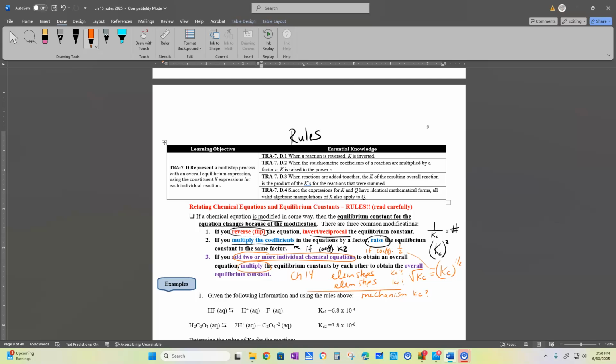Well, you multiply the Ks to get the overall equilibrium. So for this overall K value, you're going to take your Kc1 and times it by Kc2 and so forth. Remember, Ks, Kc and Kps, have no units.